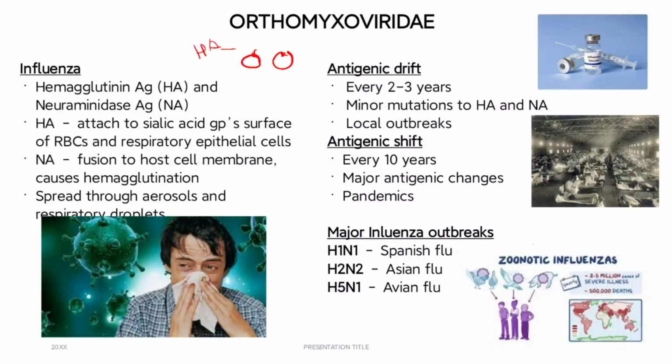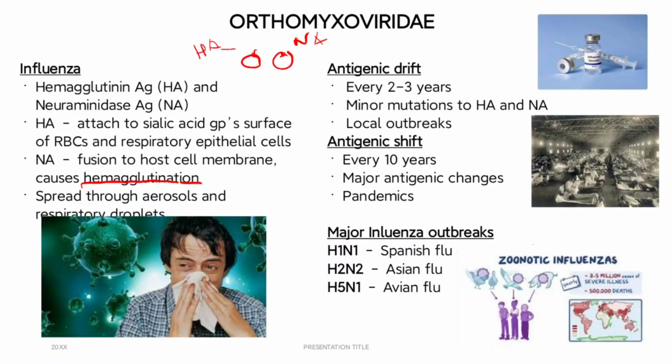Yung pagpasok niya, or yung pag-fuse niya with the cell, ang dahilan doon is NA. And then, the fusion to the host cell membrane causes what we call the hemagglutination. Okay, yan yung hemagglutination. And influenza is spread through aerosols and respiratory droplets.